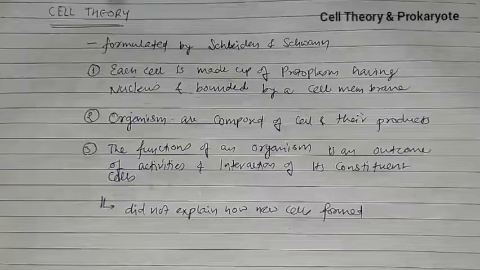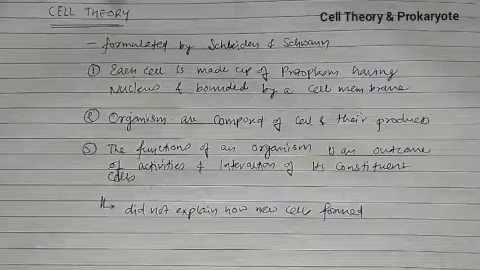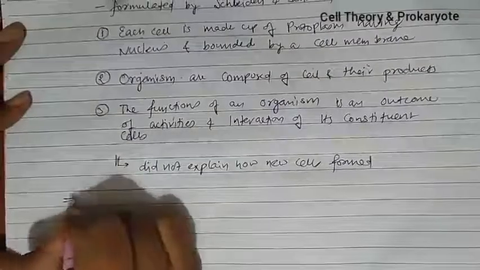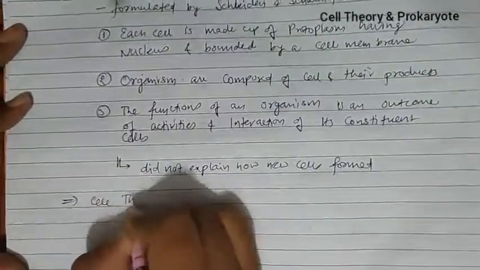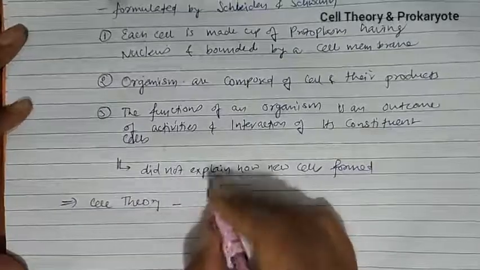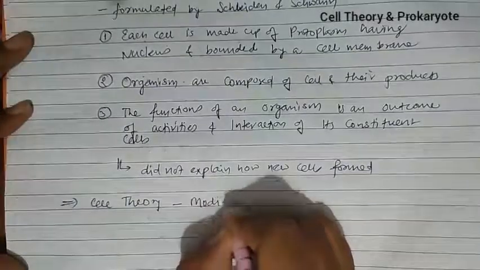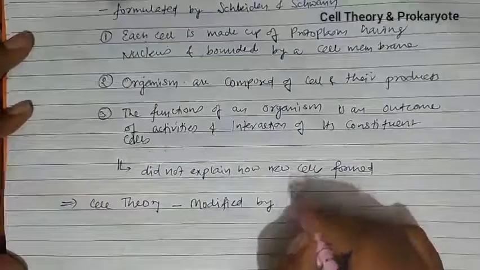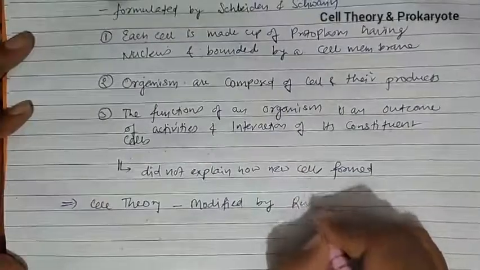So later on this cell theory was modified. The cell theory given by Schleiden and Schwann was modified by Rudolf Virchow.